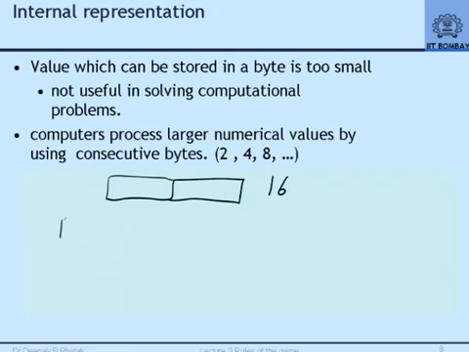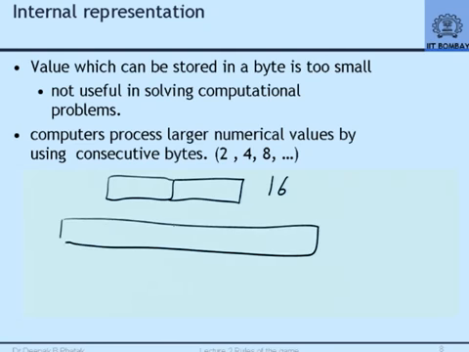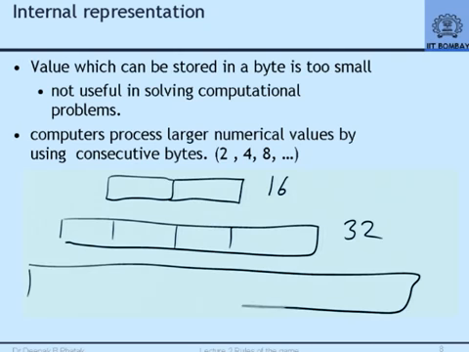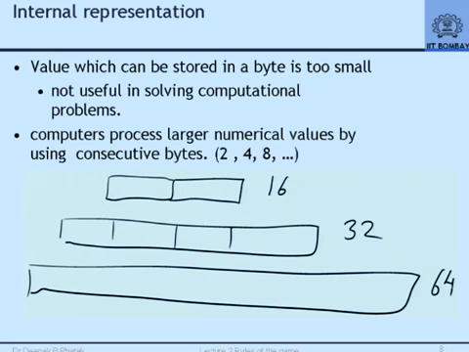How many will you get with 4 bytes? 32. How many will you get with 8 bytes? With 16 bytes, etc. Why do we talk of only 2, 4 and 8?